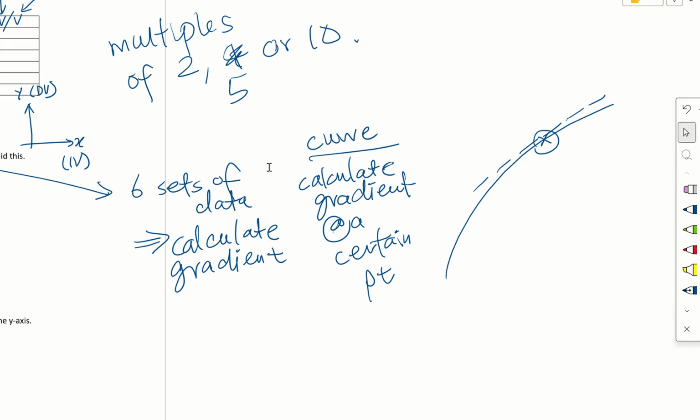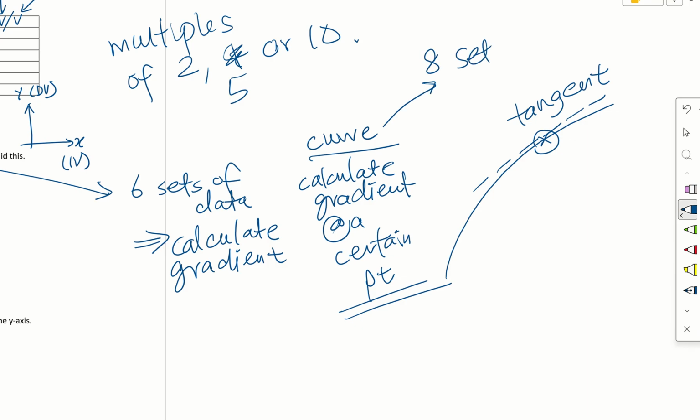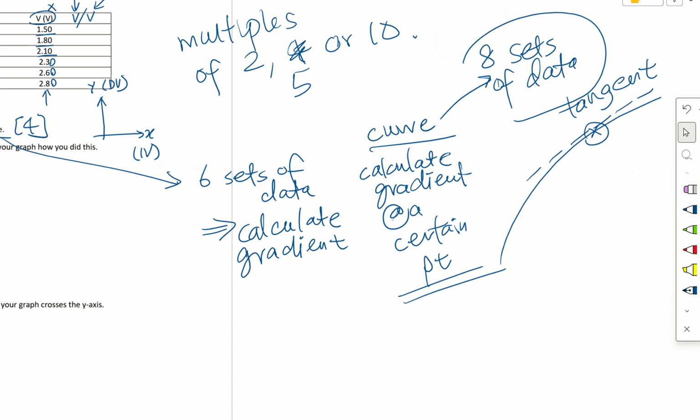Then when it comes to the gradient, is it a straight line, which is your rise over run, or is it a curve? If it's a curve, they will usually ask you to calculate the gradient at a certain point. Then that's where you need to draw your tangent. If it's a curve, we will need 8 sets of data. A curve is rare in O-level, but it happened before.